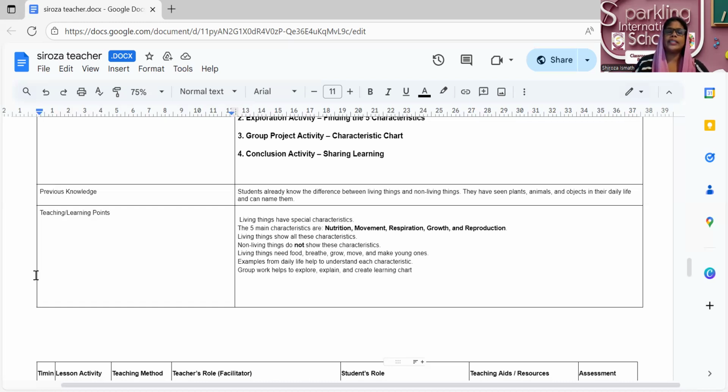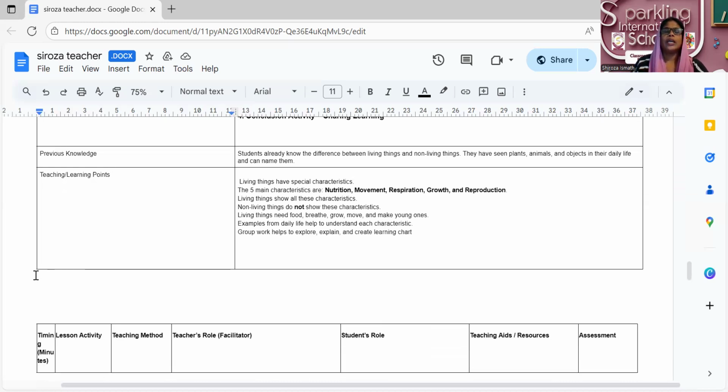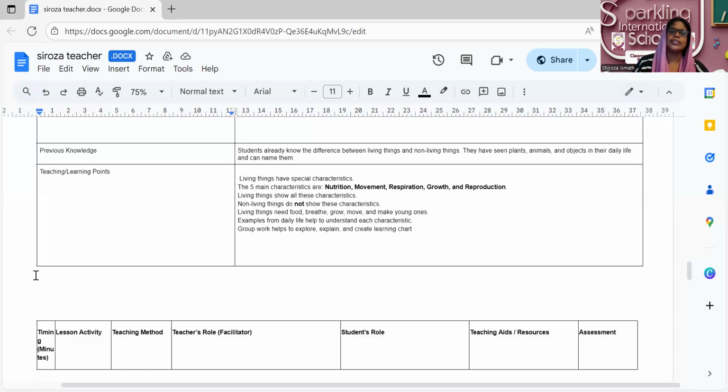The main five characteristics are nutrition, movement, respiration, growth, and reproduction. Living things show all these characteristics. Non-living things do not. Living things need food, breathe, grow, move, and make young ones. Examples from daily life help to understand each characteristic.